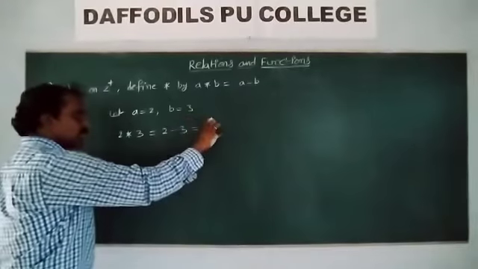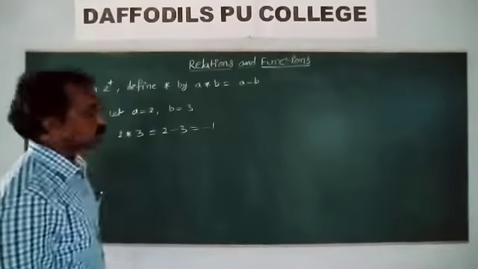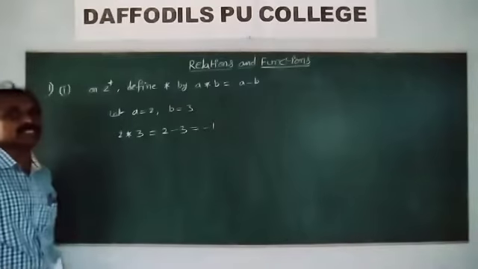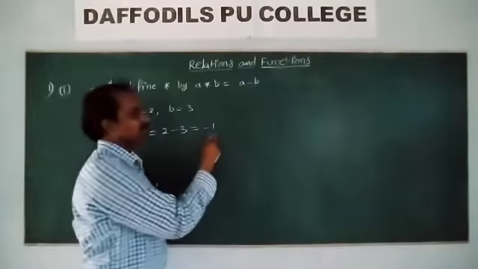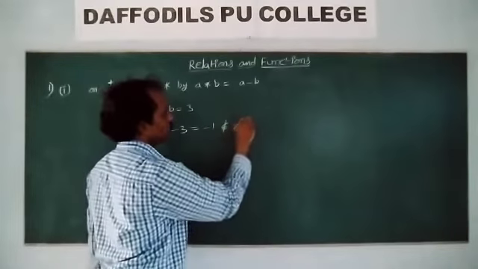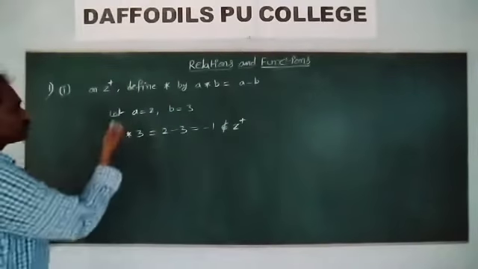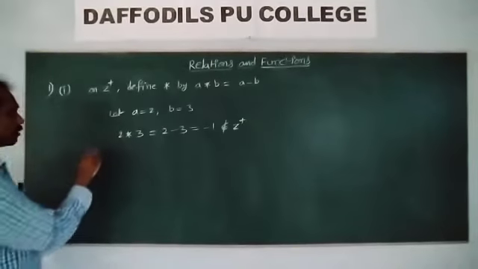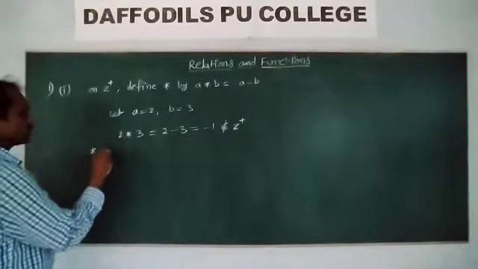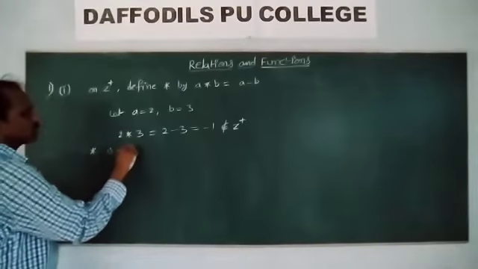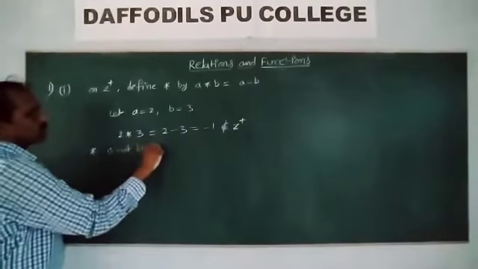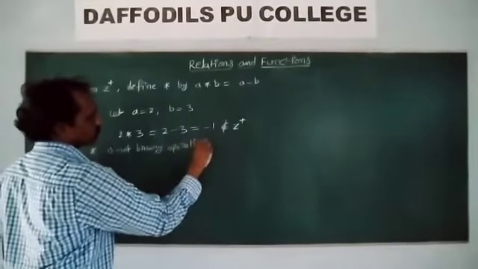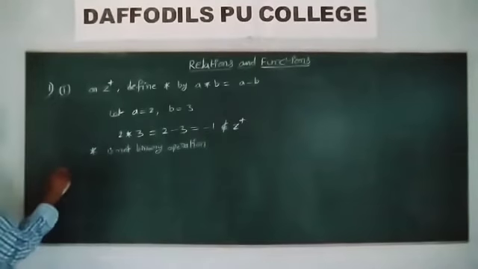The resultant answer A minus B must also belong to Z plus or not. That is important. Z plus means positive integers. Minus 1 is a negative integer, so this does not belong to Z plus. Now in this problem, star is not a binary operation. Clear?